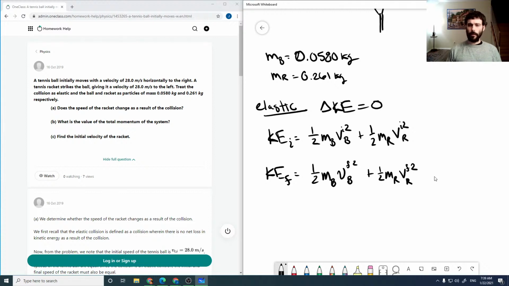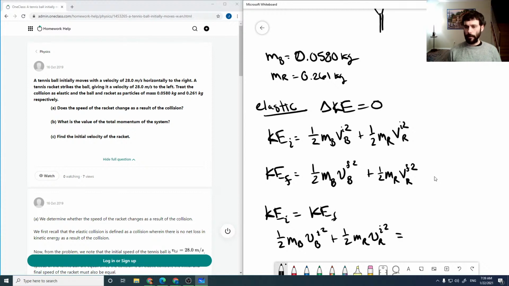Okay, so if our delta KE is 0, that means that our KE initial equals our KE final. So 1/2 mass of the ball, velocity of the ball initially squared, plus 1/2 the mass of the racket, velocity of the racket initially squared.